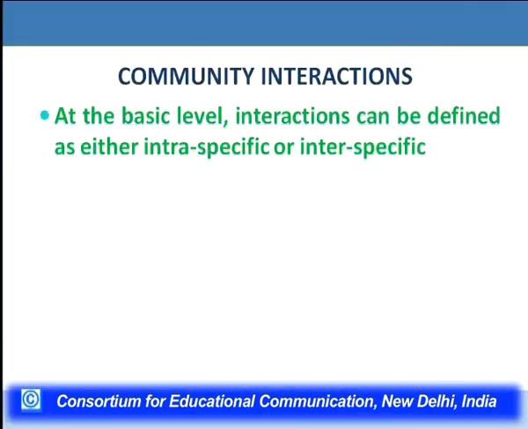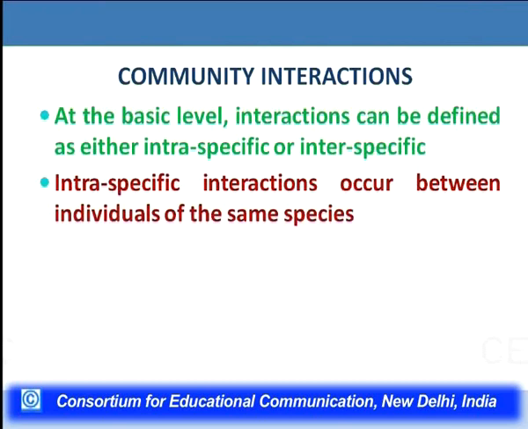Whereas when we talk of interaction between individuals of different species, that type of interaction is termed interspecific interaction. So intraspecific means individuals of the same species, of the same population, interacting with each other, and interspecific means individuals of different species interacting with each other.